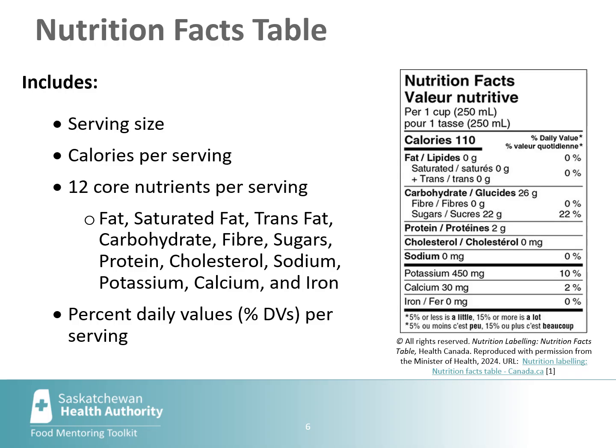The table includes serving size, calories per serving, these 12 core nutrients per serving, which are fat, saturated fat, trans fat, carbohydrate, fiber, sugars, protein, cholesterol, sodium, potassium, calcium, and iron. Those are expressed in units such as grams or milligrams. The nutrition facts table also includes the percent daily values or percent DVs per serving.